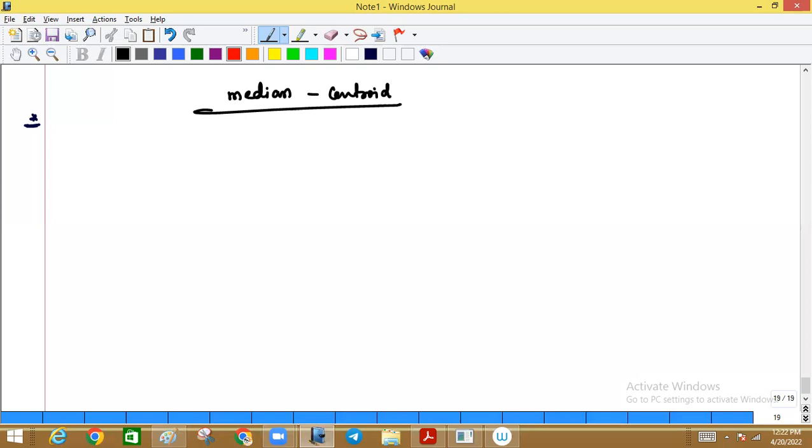Okay. Next point: centroid divides the median in the ratio 2:1.